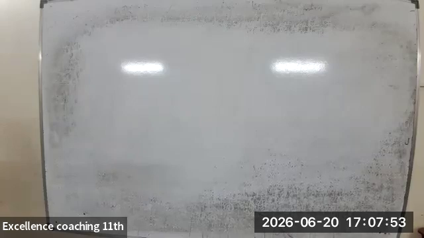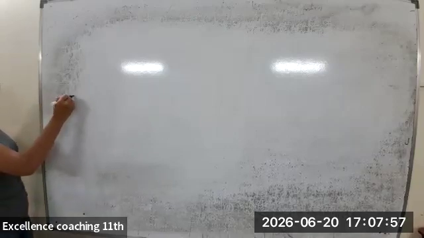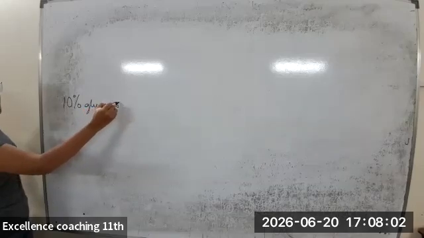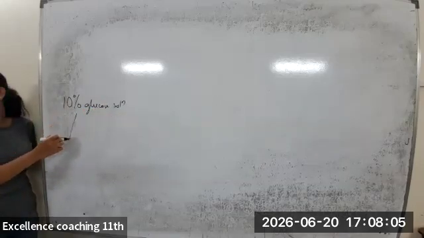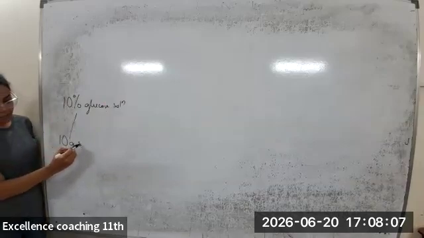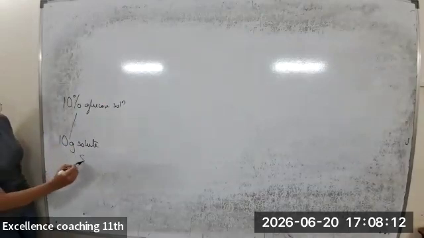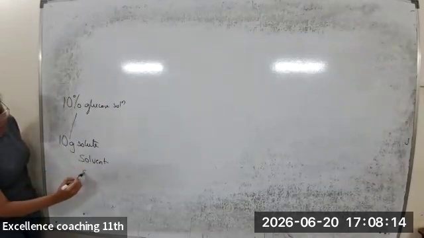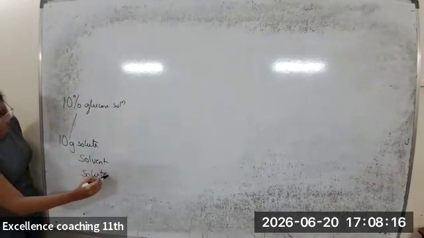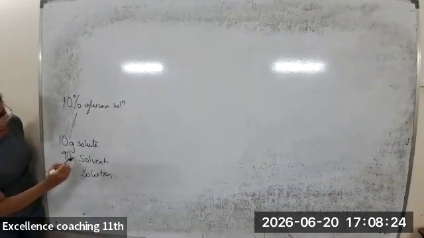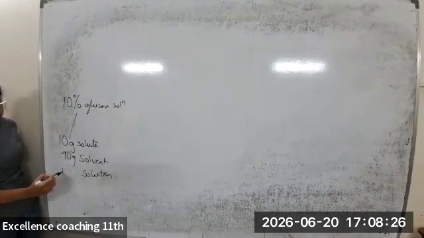If I say 10% of glucose solution, what does this mean? 10 grams will be your solute. Then what will be your solvent and what will be your solution? 90, right? So solvent will be 90 and the solution will be 100.